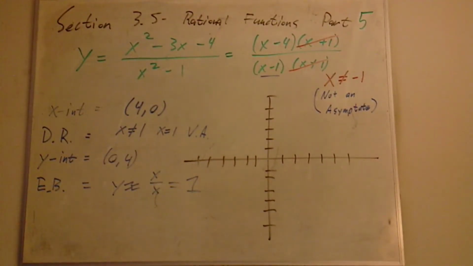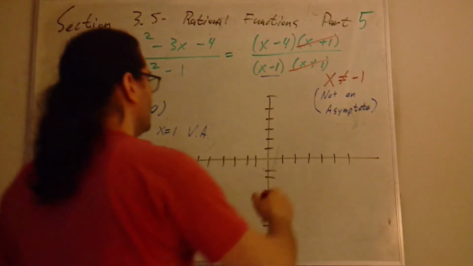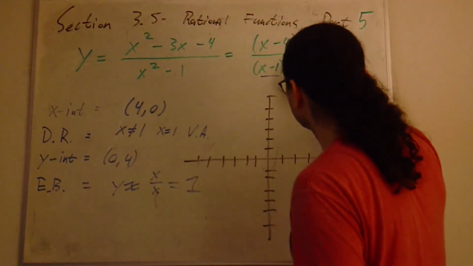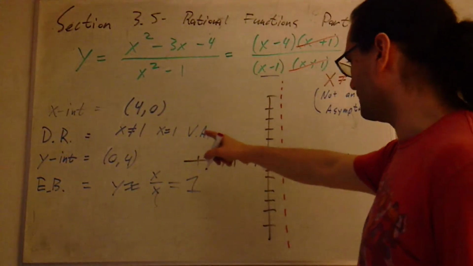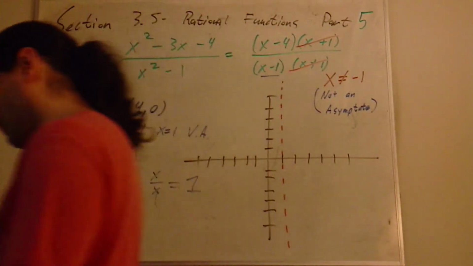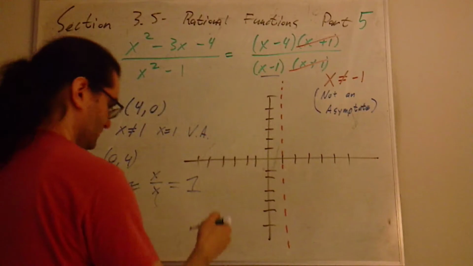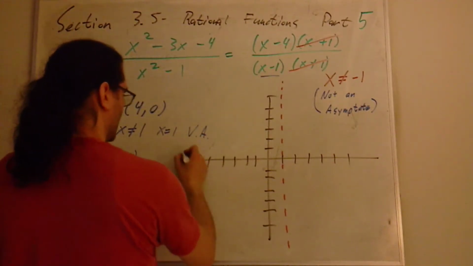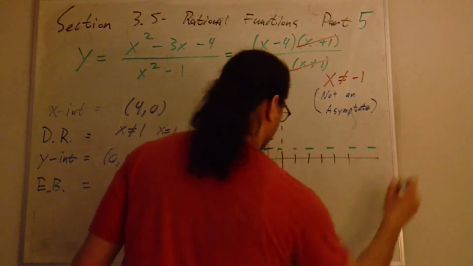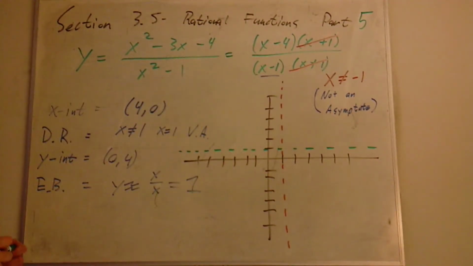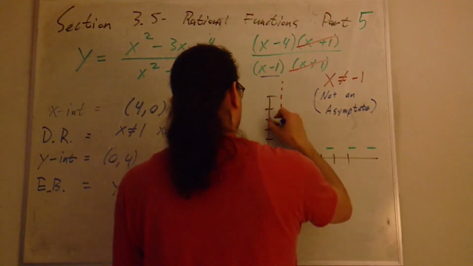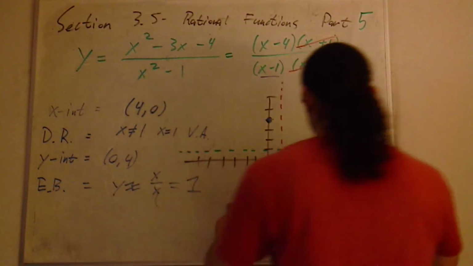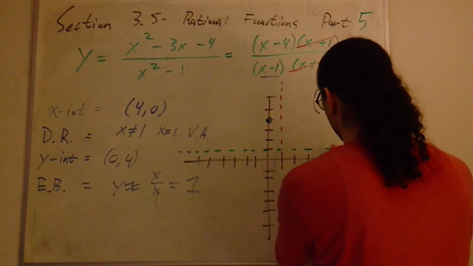Let's make a graph. Here's my vertical asymptote at x equals 1. Here's my horizontal asymptote at y equals 1. The y-intercept is 4. 1, 2, 3, 4. The y-intercept goes there. The x-intercept is also 4. Goes right there.